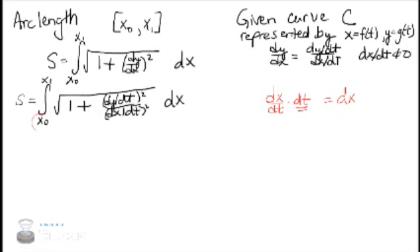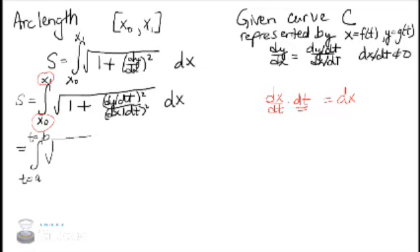So instead of having bounds that are x values, we're going to switch them to bounds that are t values. I'm also going to get a common denominator here and add this under the radical. So this is the integral from t equals some number a to t equals some number b, corresponding to the x values x0 and x1.